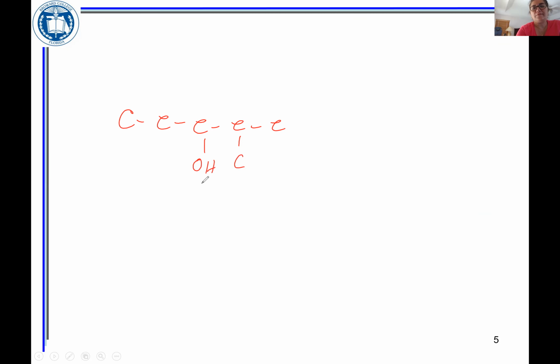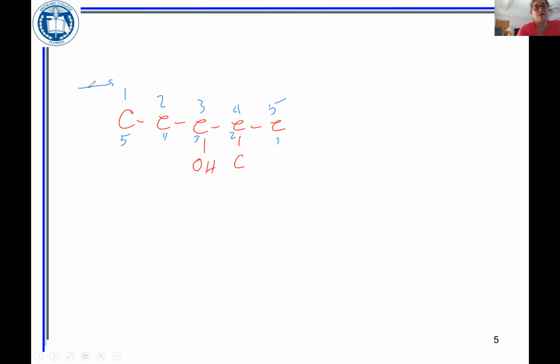Okay, what would be the name for this compound? Which side should I number it? If I number from left to right, 1, 2, 3, 4, 5, I have 5 carbon. From right to left, 1, 2, 3, 4, 5. Which one is correct?